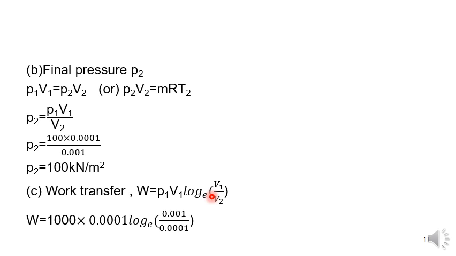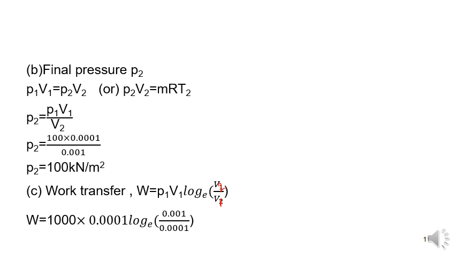Here V2 is 0.0001 divided by the V2 value 0.001, V1 is 0.0001.